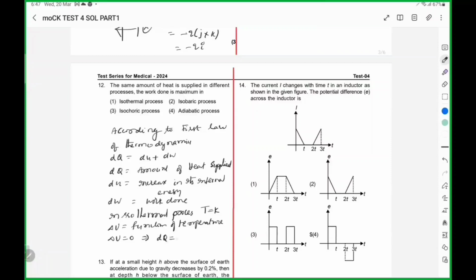That means dQ will be 0 plus dW. Whatever heat is supplied, the entire heat is utilized to do work. In all other processes, some amount of heat supplied is utilized to increase its internal energy, so work done becomes less. So here the correct option is isothermal.